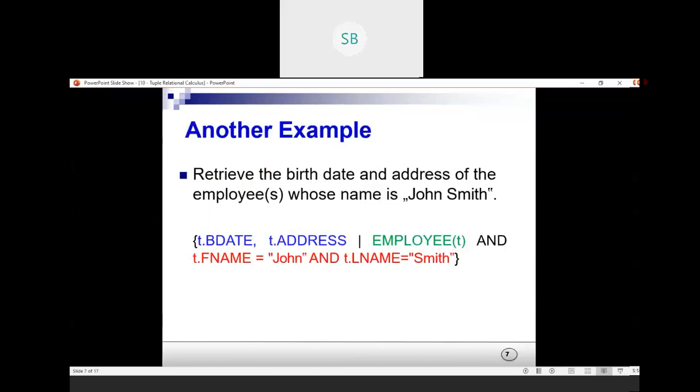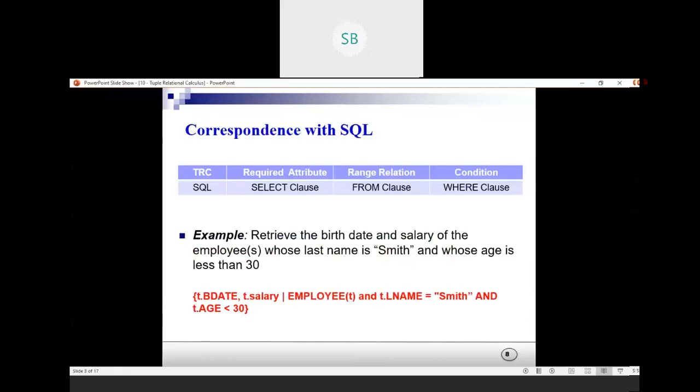Moving next, we have another example where we are retrieving the birth date and the address, these two attributes, from the employee table, with the condition that first name should be John and last name should be Smith. We have the corresponding SQL statement for the tuple relational calculus. The required attributes are the select clause, the range is the from clause, and the condition is the where clause.